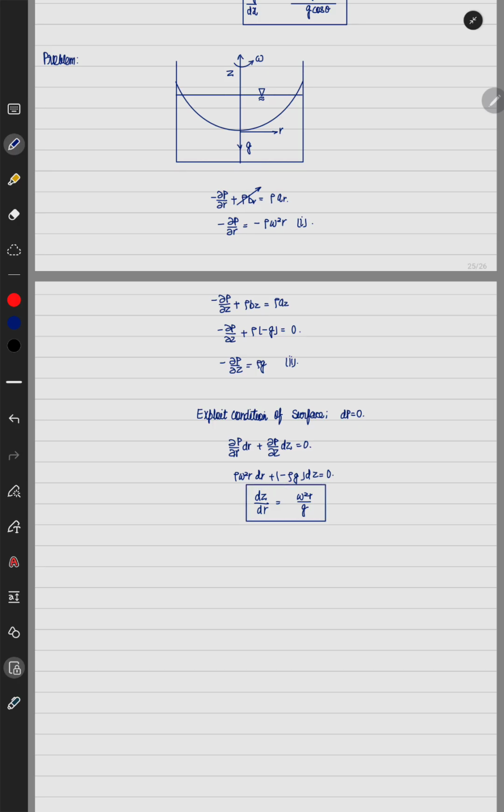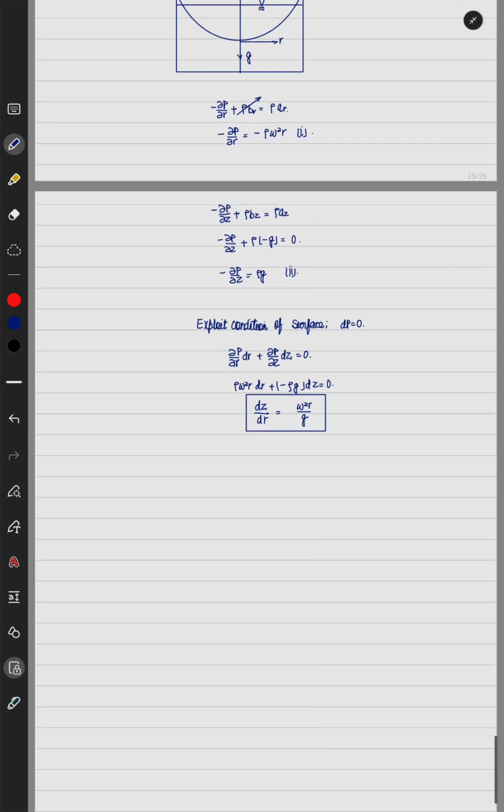This gives the expression of the slope at any point, because here r is changing, so dz/dr, the slope, is changing. At a different r we will have a different slope, and in order to evaluate the particular z at a given r, I have to integrate this equation.